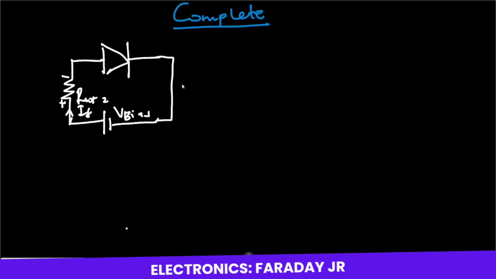Now the complete model is a situation whereby within the same diode we have what we consider the dynamic resistor. So in the circuit here, the forward voltage is equal to 0.7 plus an additional voltage, which is the forward current, since it's in series, multiplied by RD.